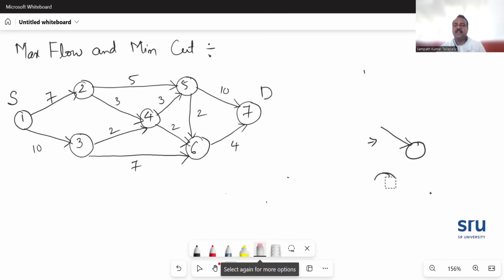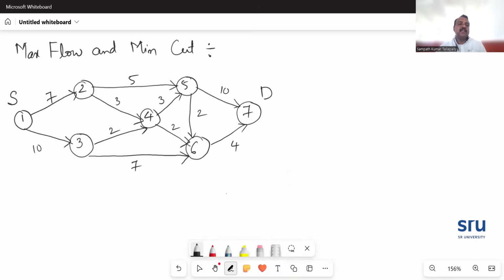Now we'll see how we calculate the maximum flow by implementing the algorithm. This is the source, and we need to reach this destination, and the capacity should be maximum. Now we'll see what paths we have.